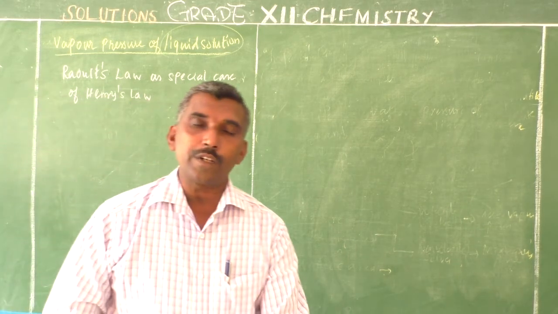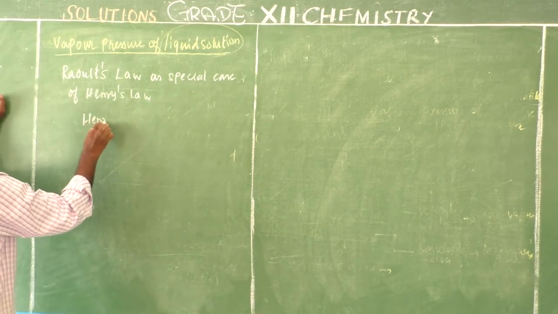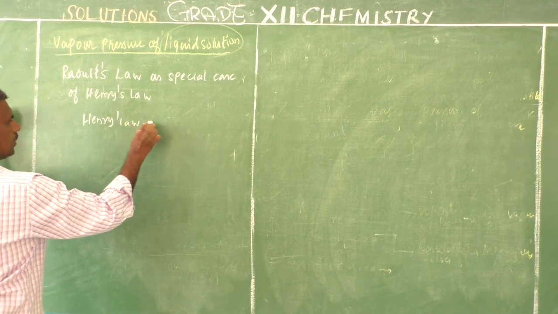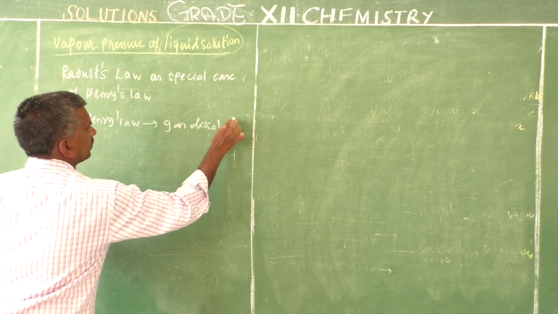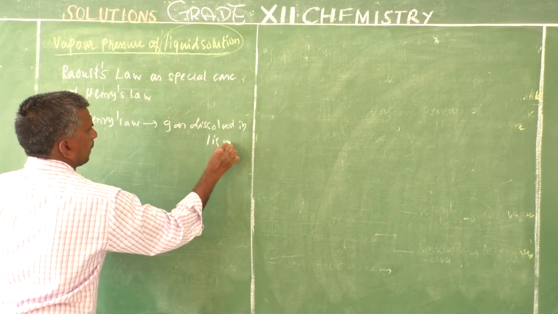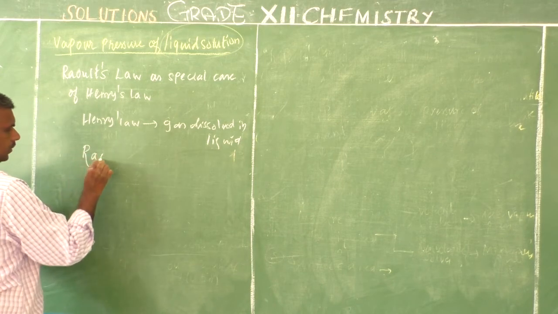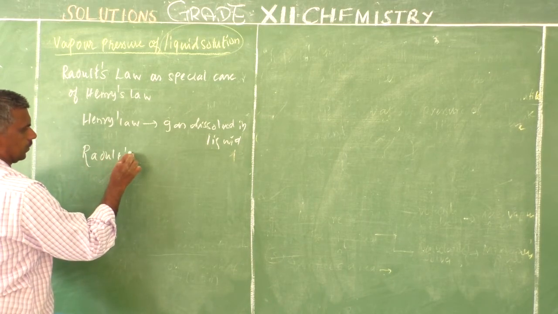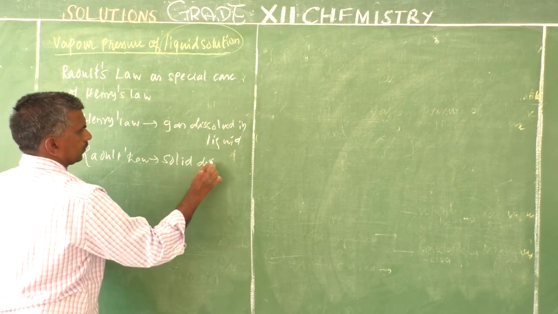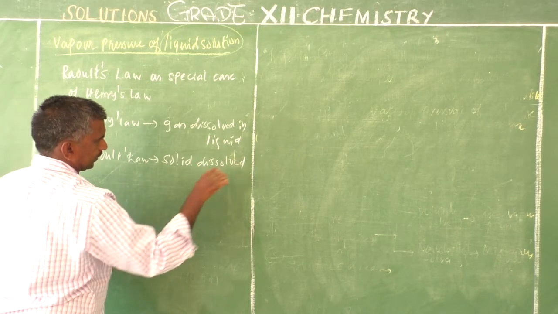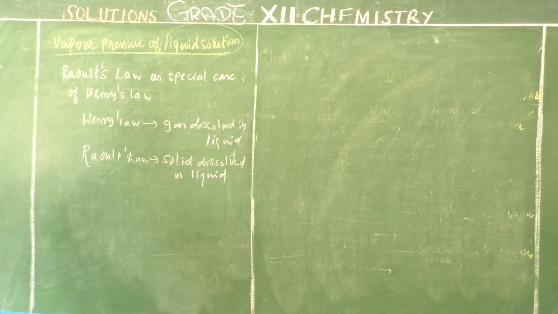That is the relation between Raoult's law and Henry's law. Henry's law deals only with a gas dissolved in a liquid, but Raoult's law deals with a solid dissolved in a liquid.